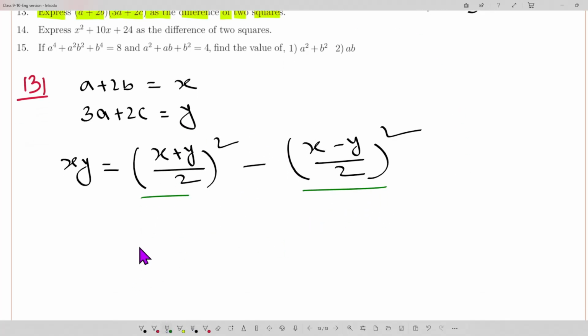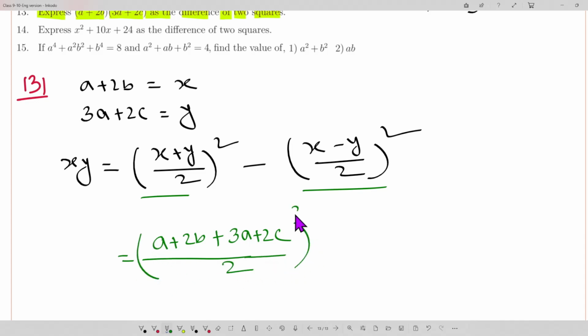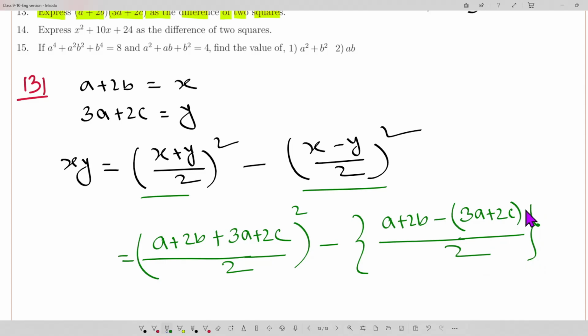So now we just put the value, like x means a plus 2b plus y means 3a plus 2c, divided by 2 whole square, minus, here x means similarly a plus 2b minus, so y means 3a plus 2c, divided by 2 square.